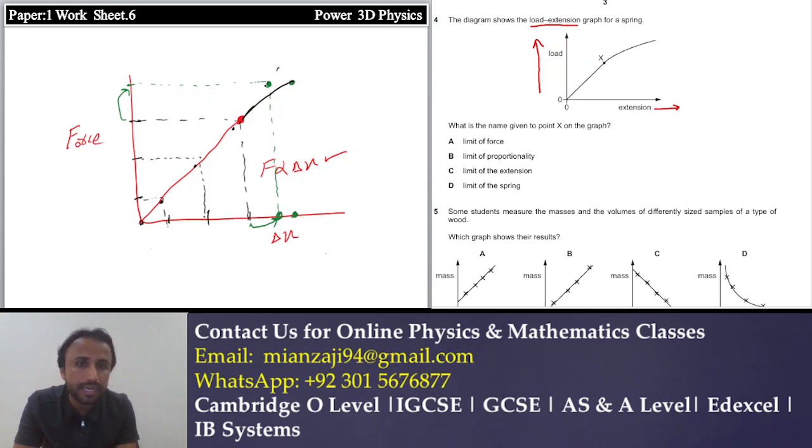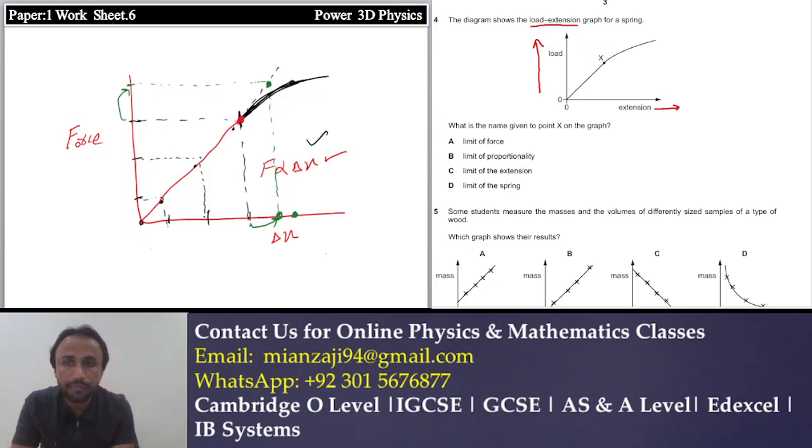It must be a straight line, but it deviated toward delta x. That is why the graph looks like this. Up to this point, the force and delta x are directly proportional to each other. Beyond that point, the force and delta x are no longer directly proportional to each other.